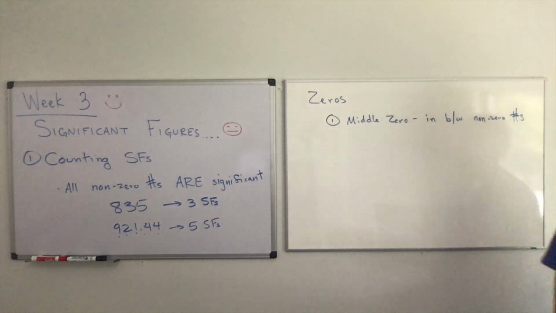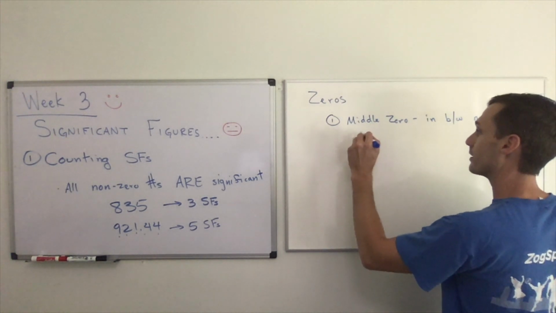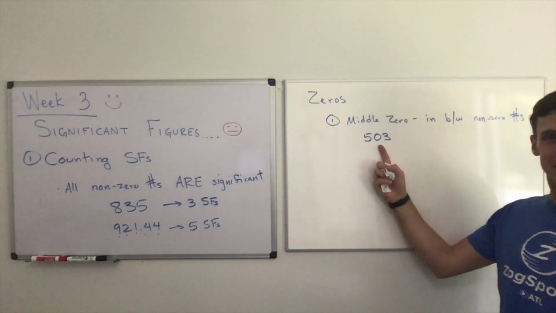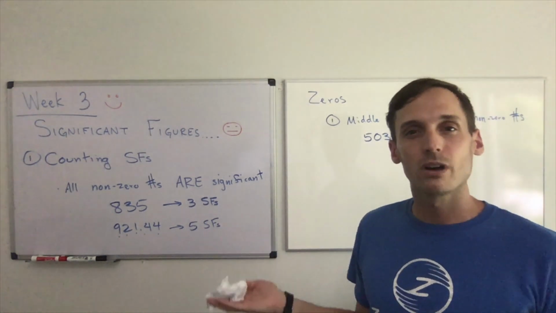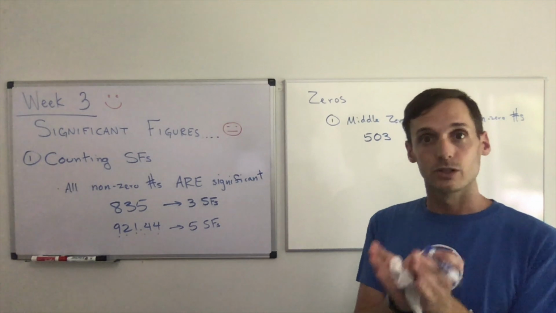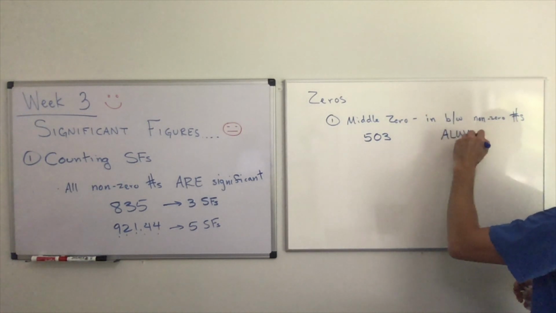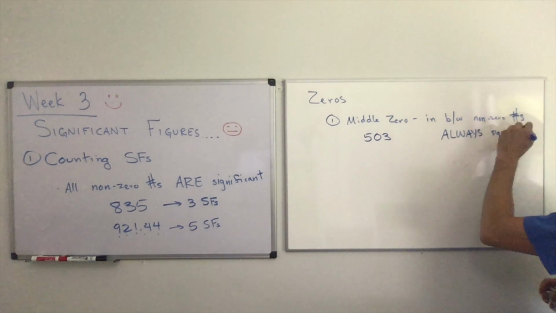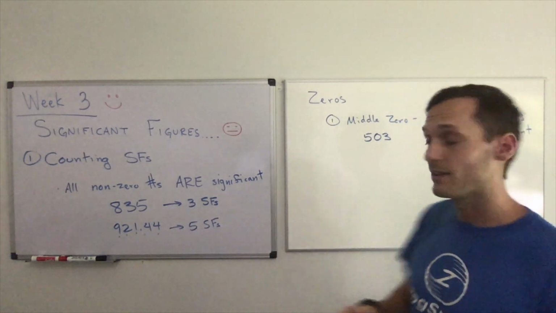For instance, if we had 503, see how this 0 is in between non-zero numbers? That's what we call a middle zero. Any 0 that is in between two non-zero numbers is always significant. Okay, so any middle 0 is automatically significant.